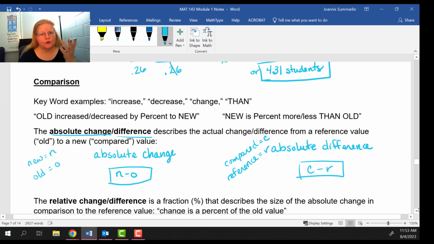Now, you can tell which one the new and the old is because they'll tell you which one's new and which one's old. You look at the dates. For compared and for reference, they don't really tell you which one's compared and which one's reference. What they do sometimes tell you is that the compared value is always the first value that they list.